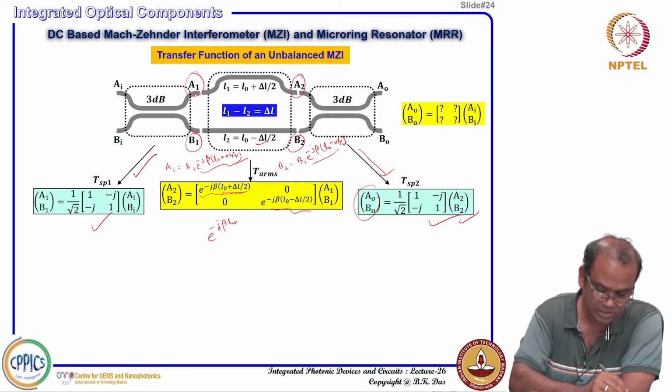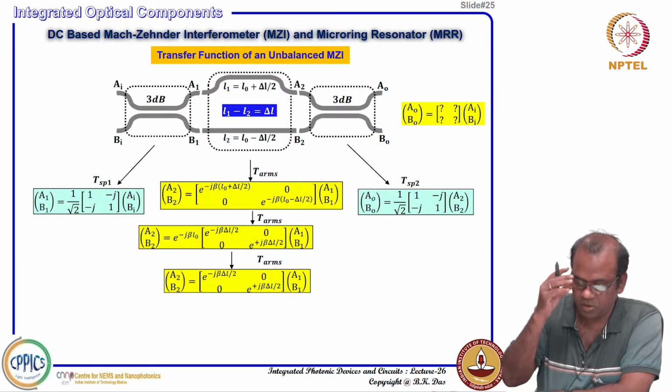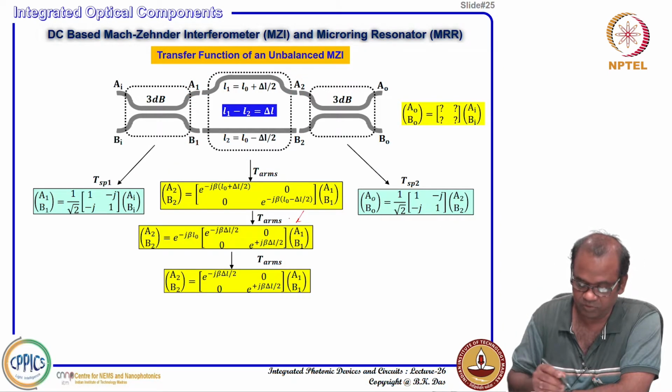If you proceed a bit more, I can take e to the power minus j beta L naught as a common factor, and then I will get e to the power minus j beta delta L by 2, and here e to the power plus j beta delta L by 2. So, this is the thing.